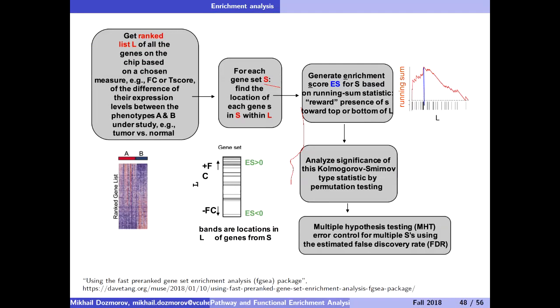I should mention multiple hypothesis testing. Remember that when you test your gene sets for enrichment, you are testing whether your gene set is enriched in one pathway, another. You are doing those multiple tests at the same time. And just by random chance, some of all those sets that you are testing may be found significant by chance.